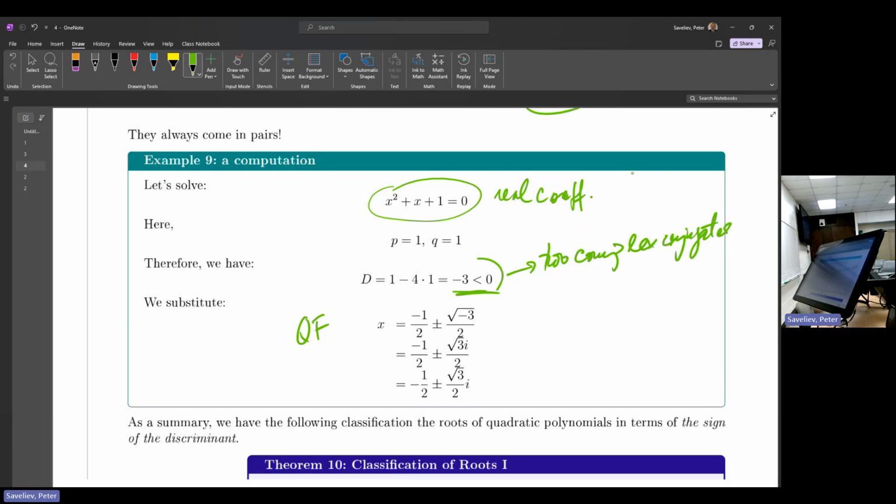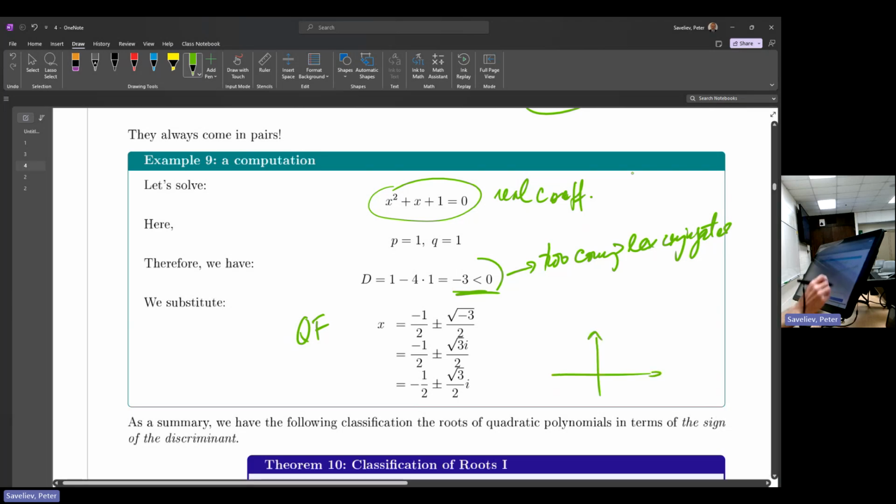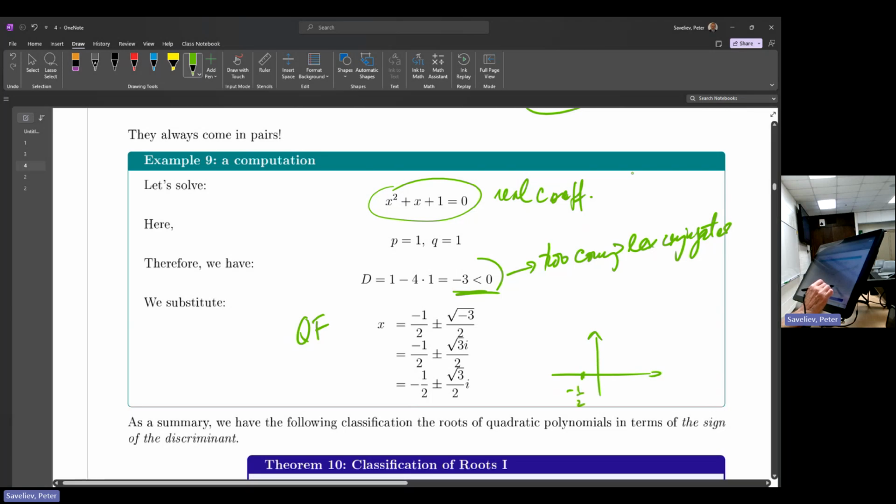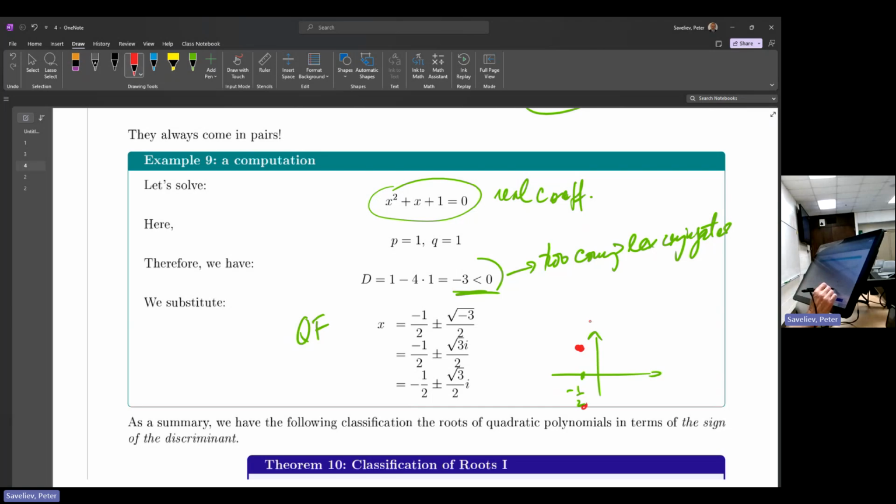Once again, you can roughly imagine what they look like. The real part is -2, and then you jump up and down roughly: one of these will be here, and the other one is here. They're symmetric relative to the x-axis, to the real axis, right?